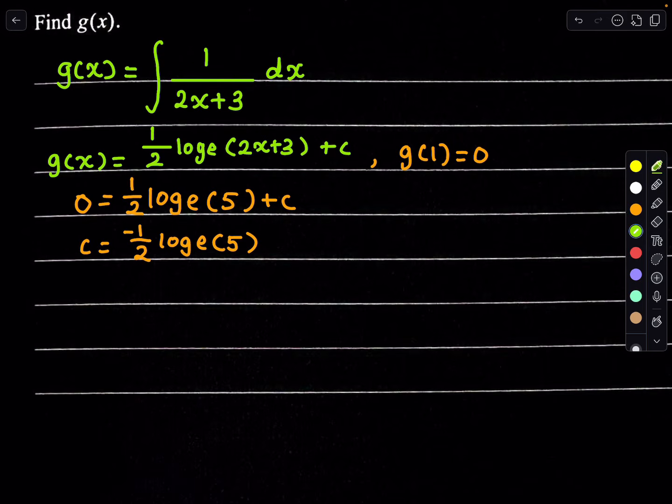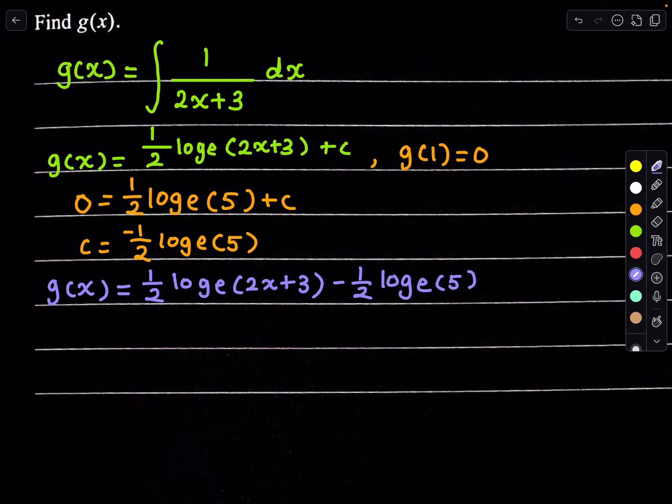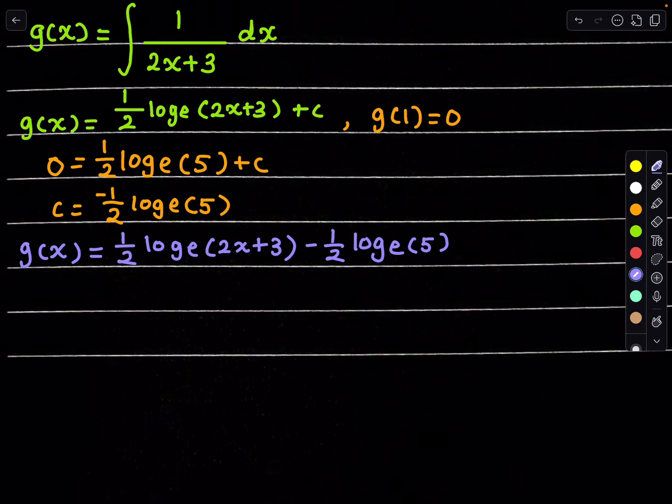Now we can rewrite the function in a nice form. So let me just use a different color. So g of x, the original function, of course, is 1/2 log e (2x plus 3) minus 1/2 log e 5. Easy. Okay. Now, of course, you can simplify this more, because you could take the half as a common factor.